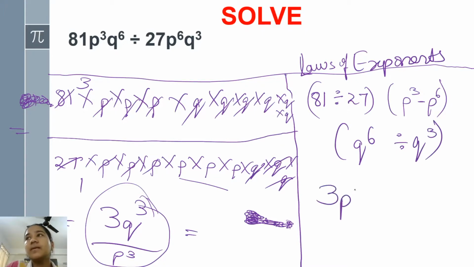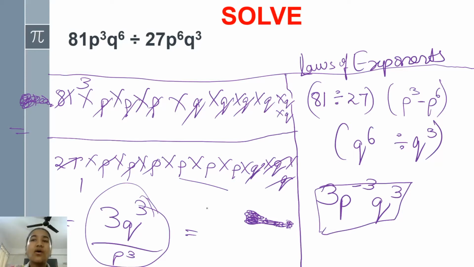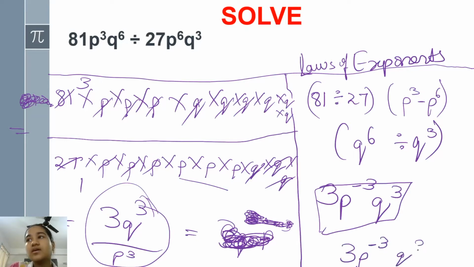It's p to the power 3 minus 6, which is minus 3, and q cube. So over here I hope you can see that it's minus 3. How did it come? The simple thing is that you can shift this denominator up, and the sign of the power will become minus. That's why I told you that when you go with the laws of exponents, you will be able to convert it into this form also, which is better.